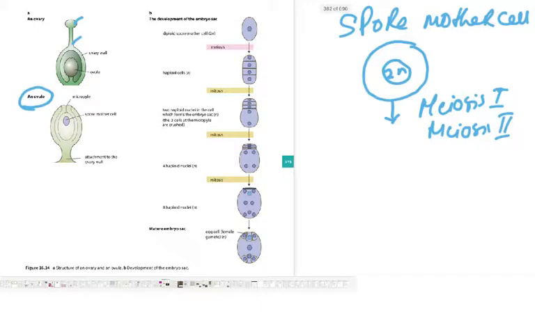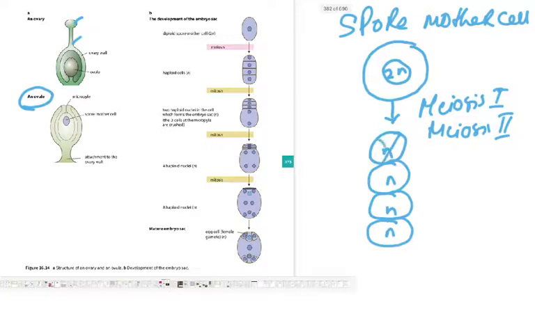We're going to have 4 haploid cells. So then we've got 1, 2, 3, 4. Now all these cells are haploid. So the cells divide by meiosis and produce 4 haploid cells.